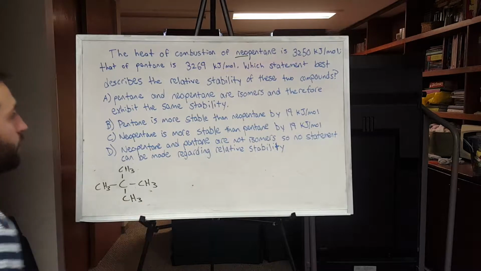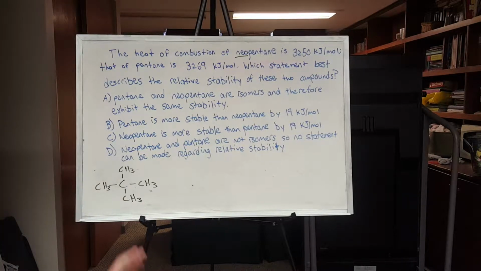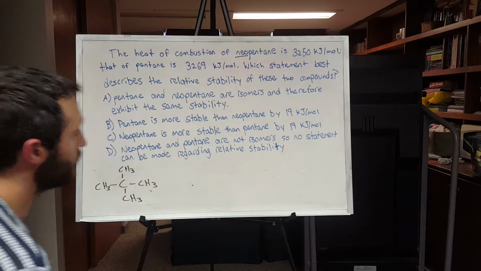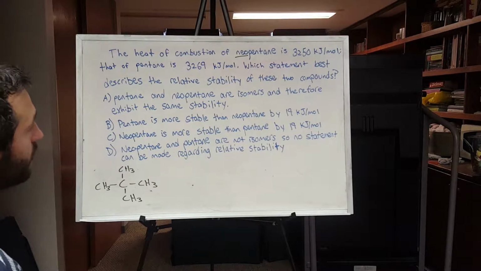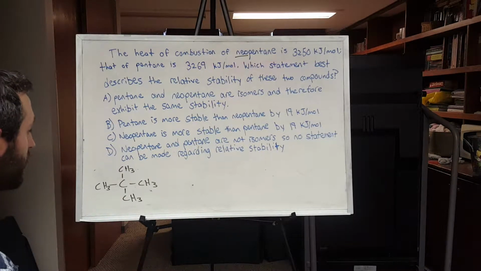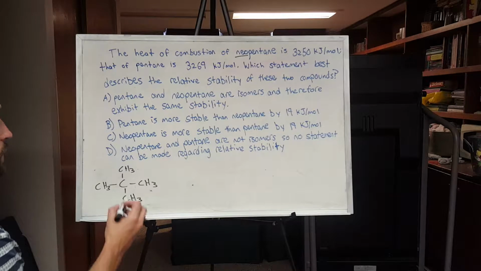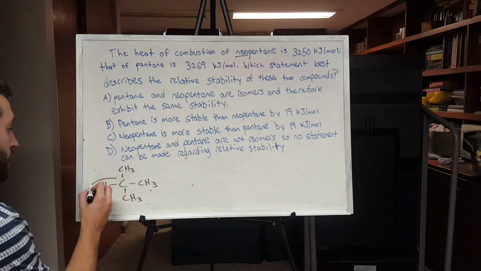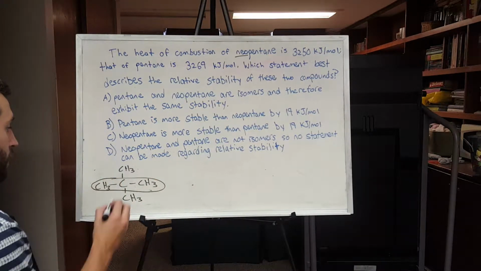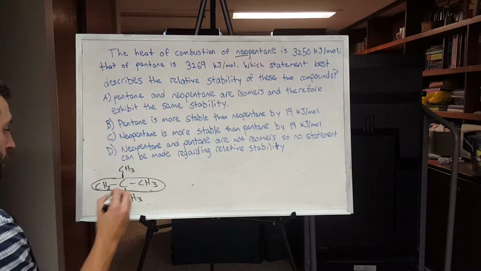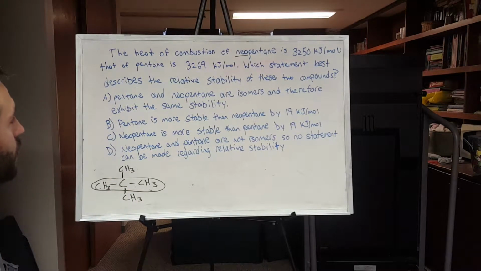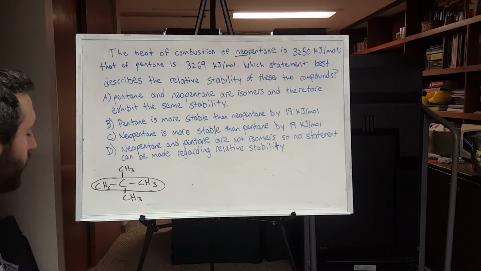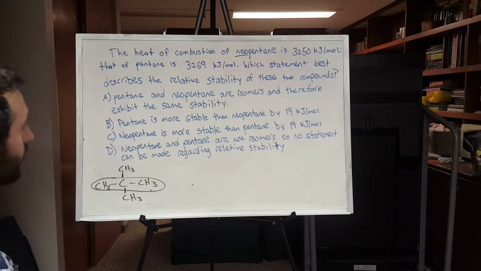You don't really need to be able to draw the structure in order to solve this problem, but you do need to know that neopentane and pentane are not the same thing. So neo is the prefix for a straight line carbon chain attached to two carbons. I think it has to be two methyl groups, I believe. But anyway, pentane, we know pentane.